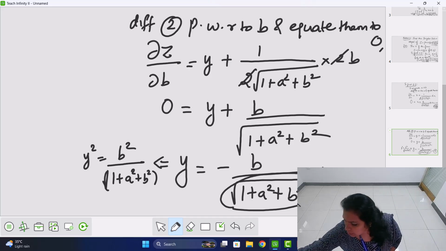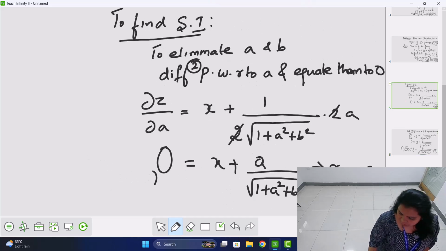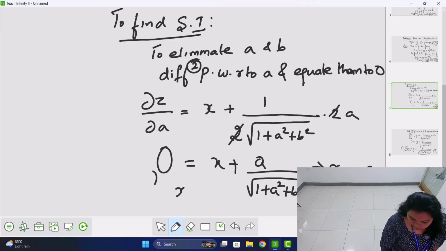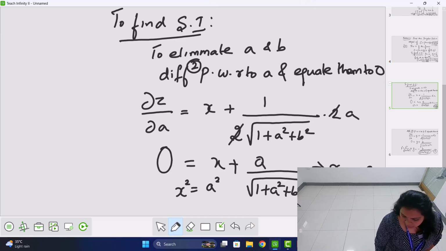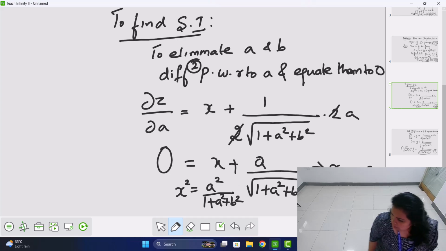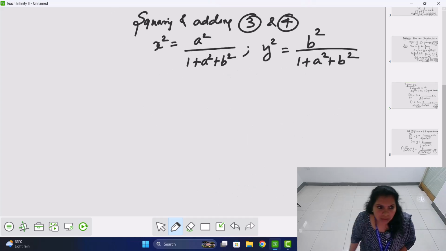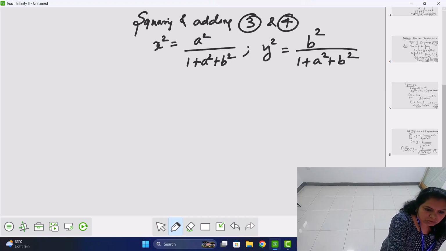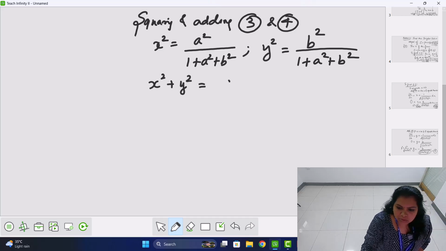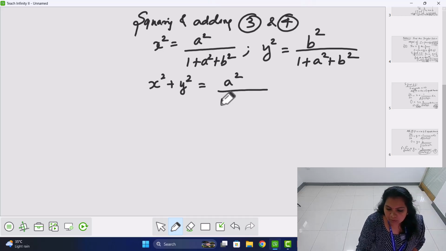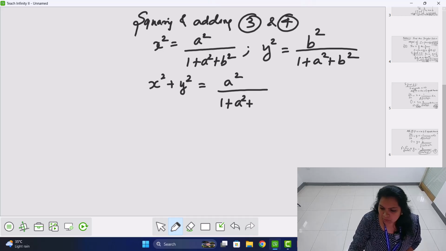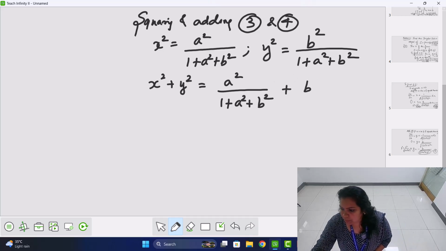Similarly, if you square this equation, x square is equal to a square by 1 plus a square plus b square. This is what we are doing now, squaring and adding the third equation and fourth equation. Now we have to add the equations: x square plus y square is equal to a square by 1 plus a square plus b square plus b square by 1 plus a square plus b square.